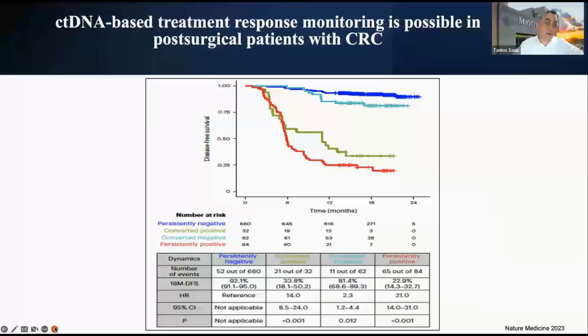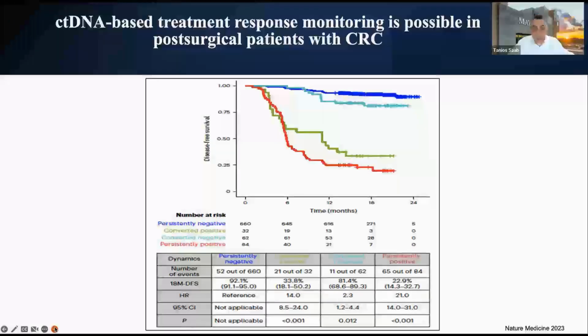Now, how about those patients who start negative and stay negative, start negative and go positive, start positive and go negative, and then those that are persistently positive? Those that are positive and stay positive all the way through have really bad disease, unfortunately. For those who go from negative to positive, they don't do as badly, but the trends follow relatively those that are persistently positive.